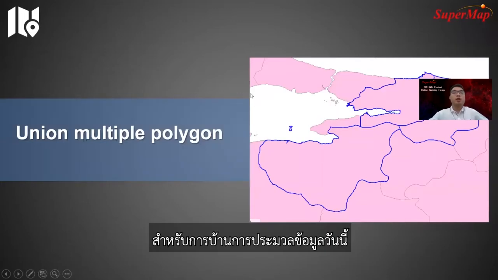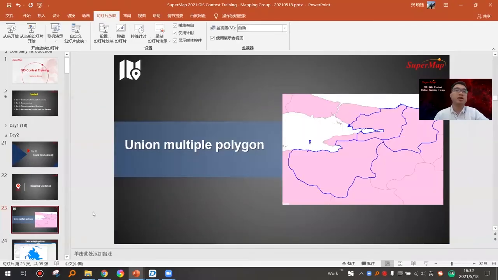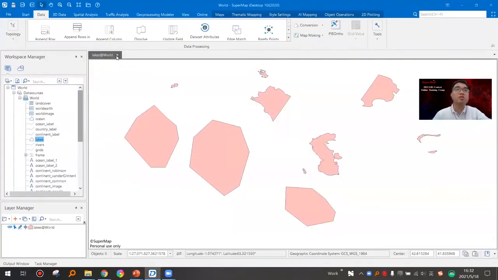Yeah, for our today's data processing work, we have 3 steps. So the first step, we need to do some editing for the polygon. So now let's open the data and show it.